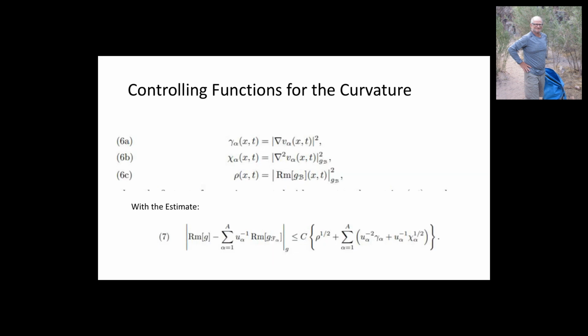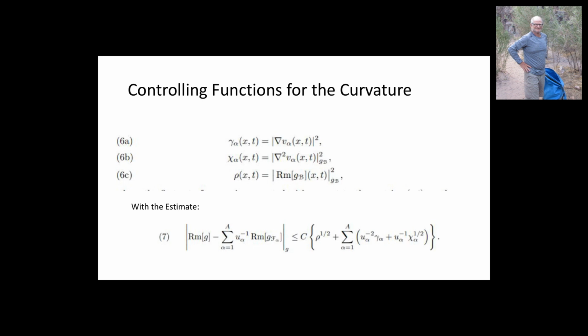To study the Ricci flow of these metrics, it's very helpful to define certain controlling functions which control the curvature. We have gamma alpha, which is just the gradient of v alpha squared, and then we have chi alpha, which is the Hessian of these v alphas, again squared.